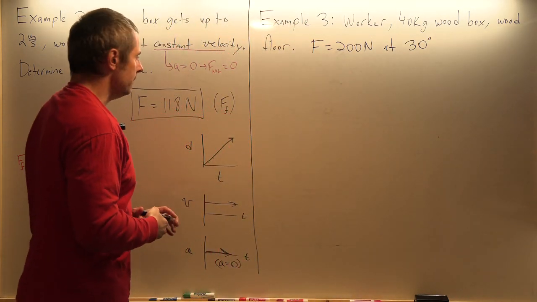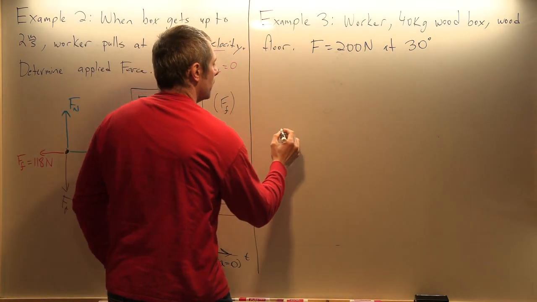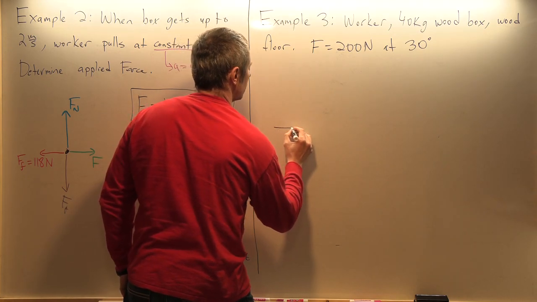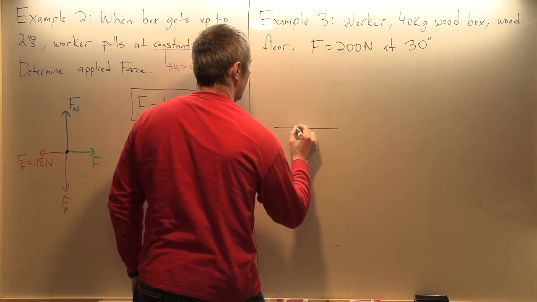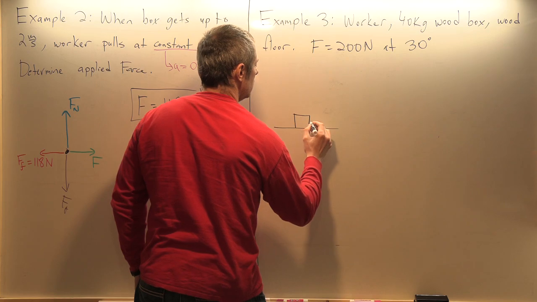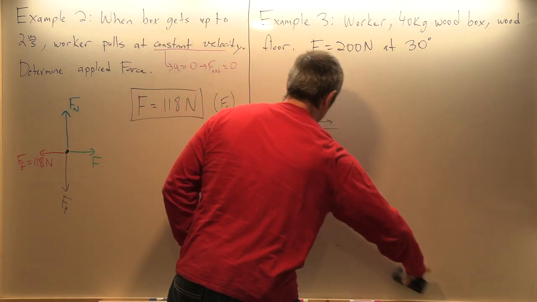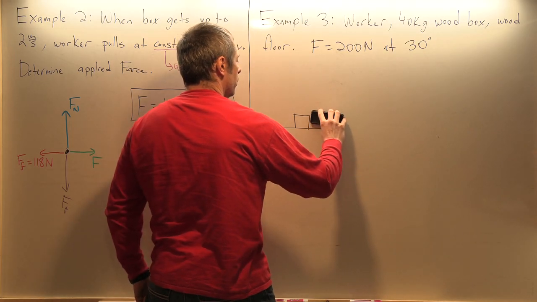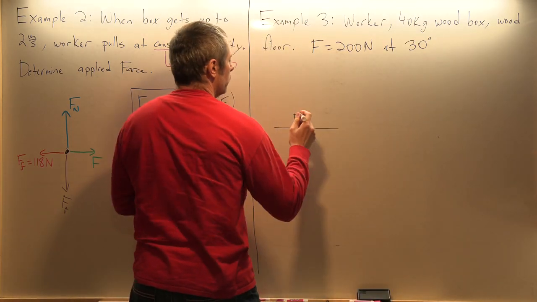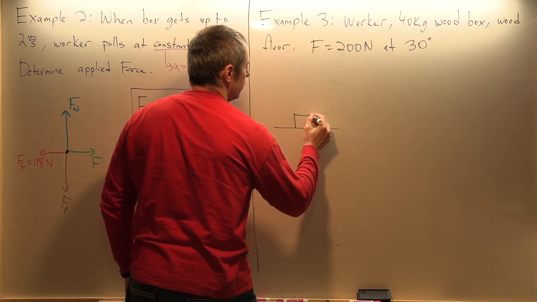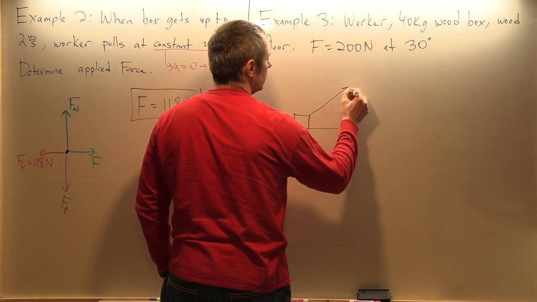So this time, instead of the worker pulling on this box straight across like this, they don't pull straight across. They pull maybe with a rope tied to the box, and they're pulling up on the rope like this.